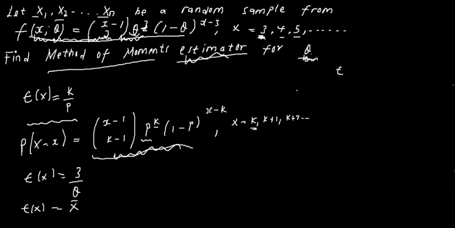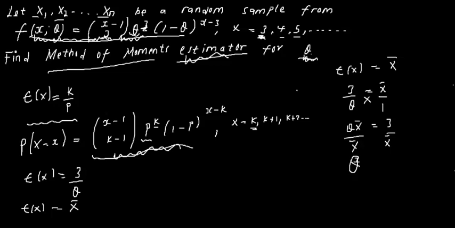Since we know the expected value is equal to x bar, and we also know our expected value is just 3 over theta, then 3 over theta equals x bar. It's very easy now to find theta by simply cross multiplying. When we cross multiply, we have theta times x bar equal to 3. Then dividing by x bar on both sides, we have our estimator.